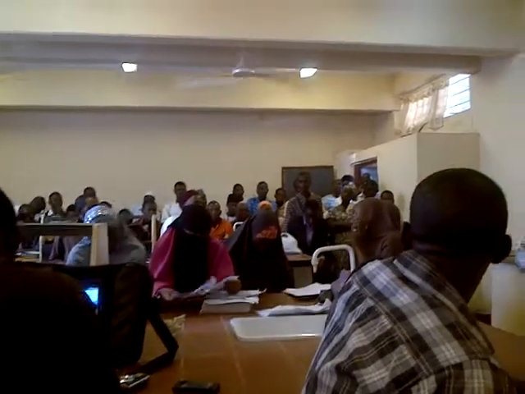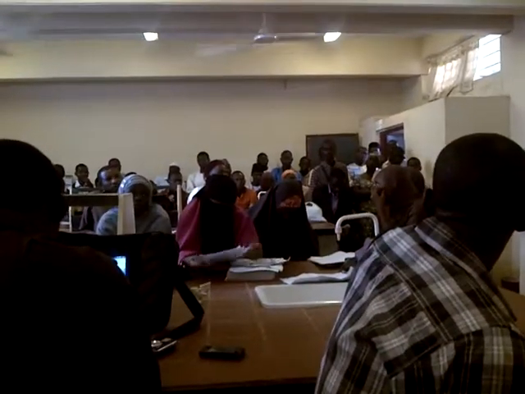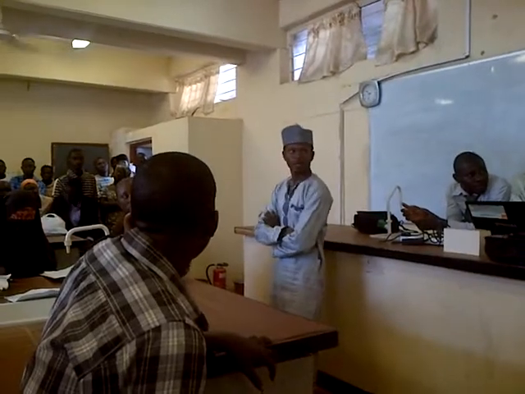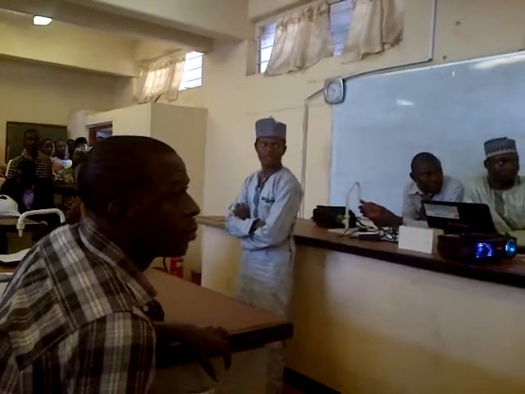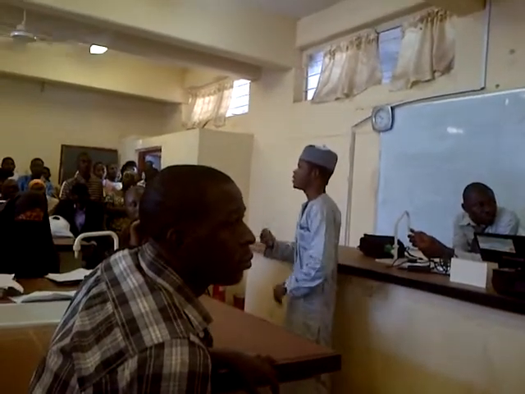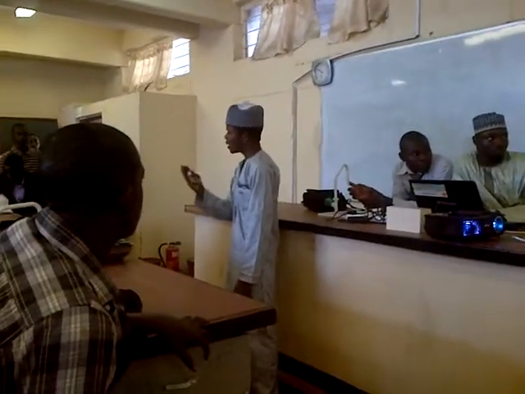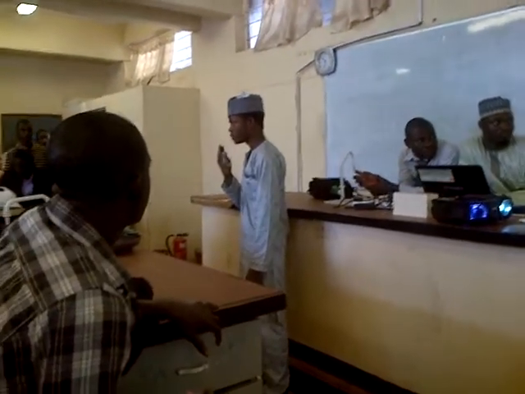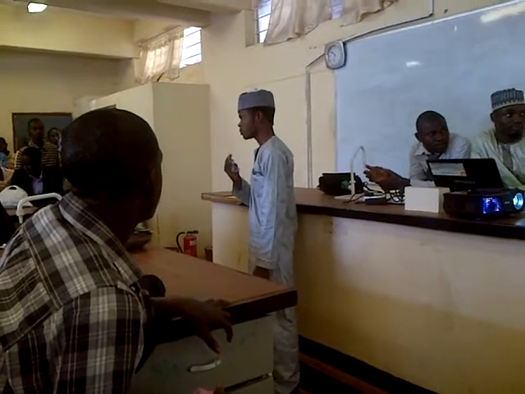Kernicterus. Can you explain kernicterus? Yes, I can explain kernicterus. It is a condition whereby there is a high level of unconjugated bilirubin in the serum.